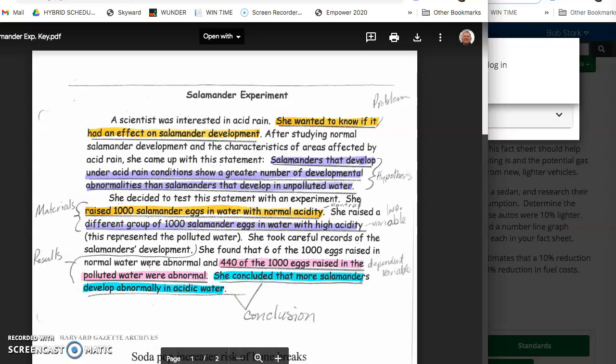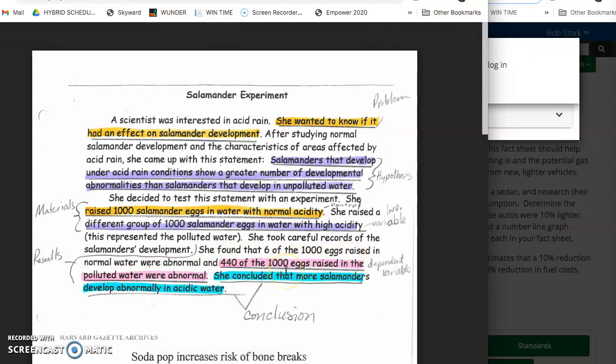So the acid will cause a change in the development of the salamander eggs, whether they're abnormal or not. That's what you're measuring, the number of abnormal eggs. In this case, 440 of the 1,000 eggs raised in polluted water were abnormal. That's our dependent variable. That's what we were measuring.